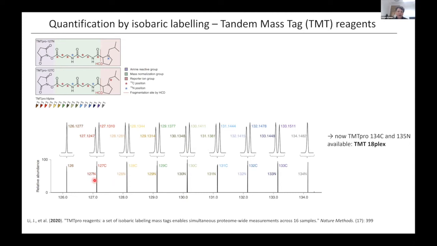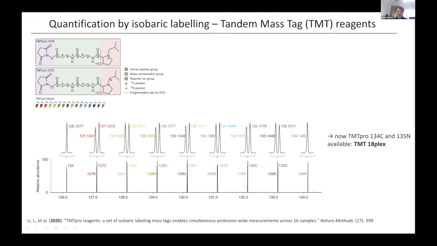And even though 127N and 127C both have a nominal mass of 127, at high mass resolution, they can be split, where the heavier, 127.1310, corresponds to a heavy carbon 13, and the slightly lower mass of 127.1247 corresponds to labeling with heavy N15.